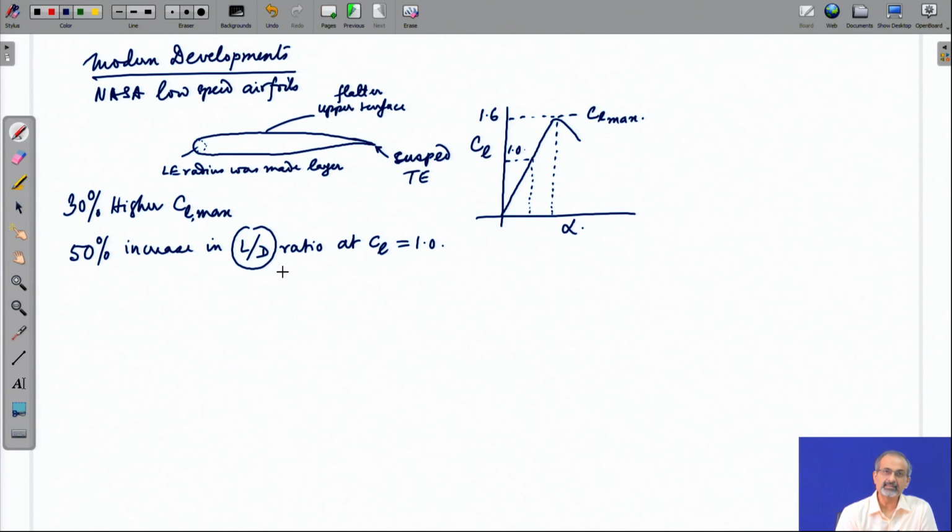Now, usually this CL value is considered often for assessing the climb of a general aviation aircraft, and therefore, this is a significant operating point, and a substantial increase in L by D indicates that this airfoil has a superior performance in that regime.